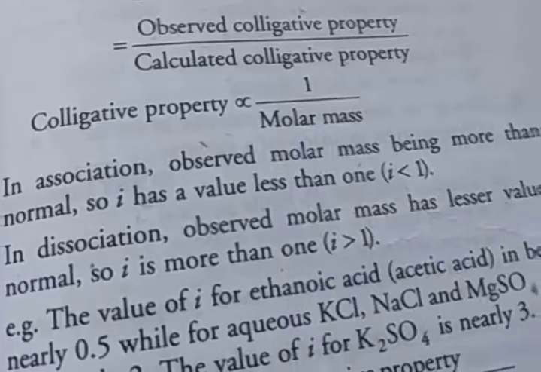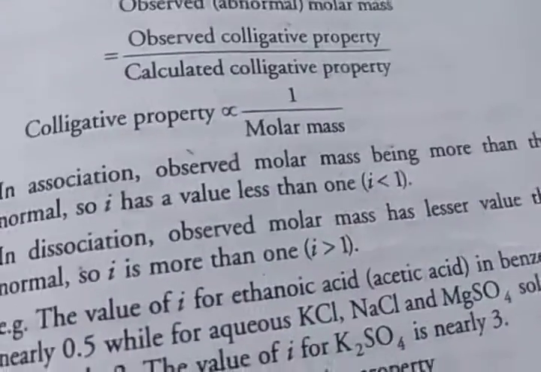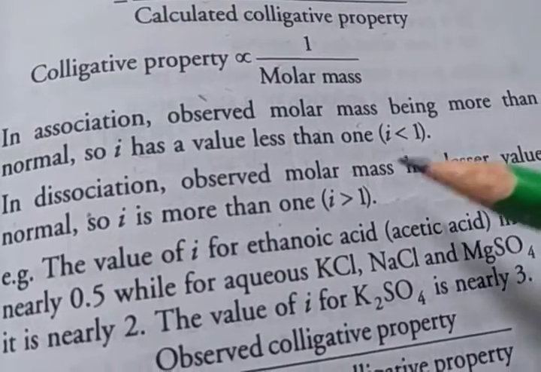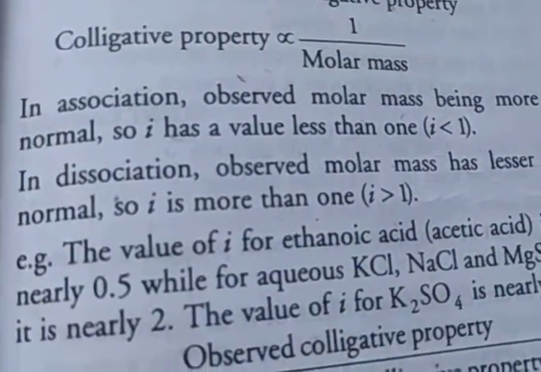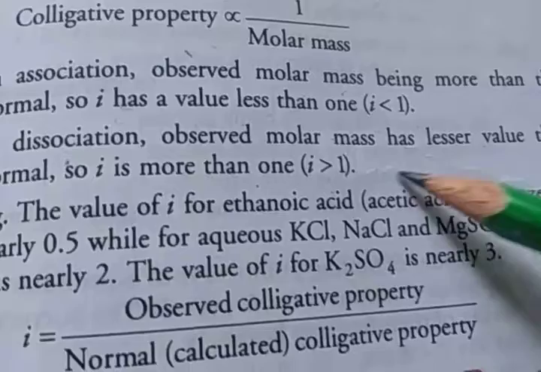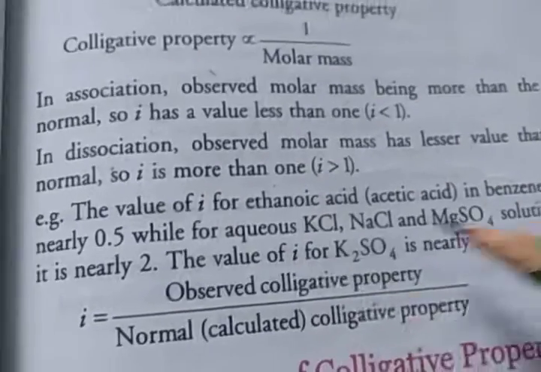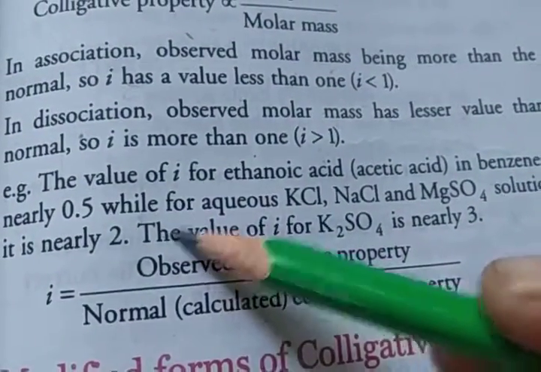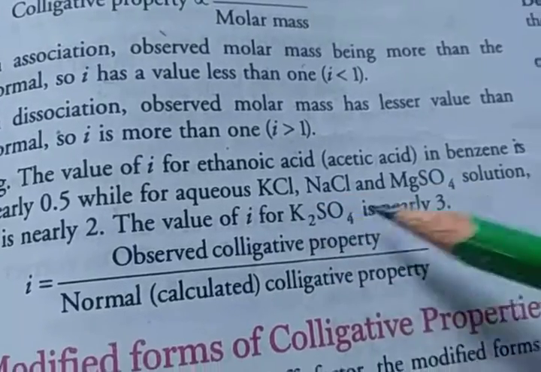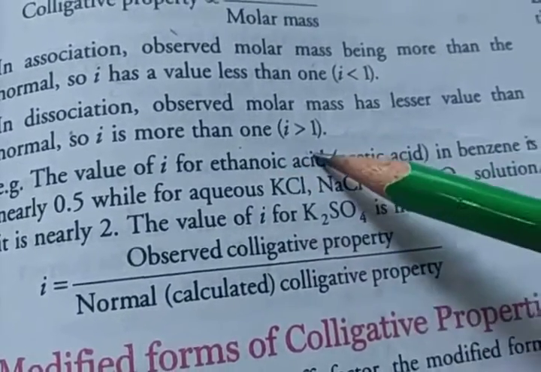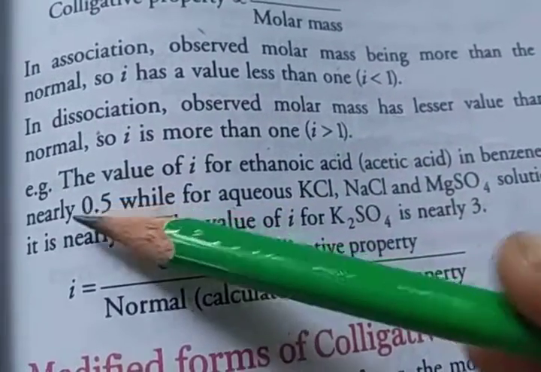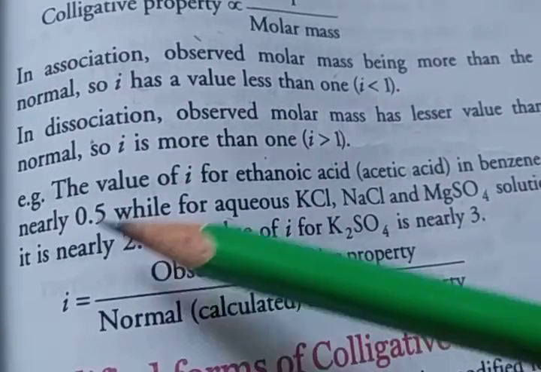But in dissociation, the observed molar mass has a lesser value than the normal, so i is greater than 1. The value of i for ethanoic acid (acetic acid) in benzene is nearly 0.5, while for aqueous KCl, NaCl, and magnesium sulfate solution it is nearly 2. Because ethanoic acid associates, its value is less than 1.